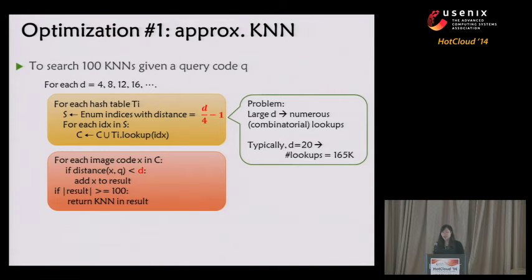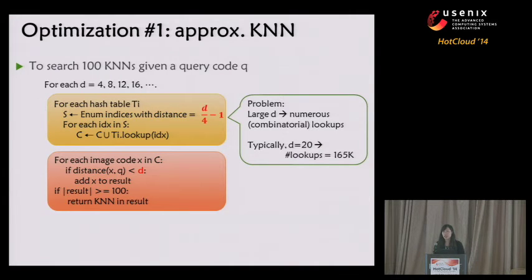Since we notice that a large search distance D will result in a combinatorial number of lookups.